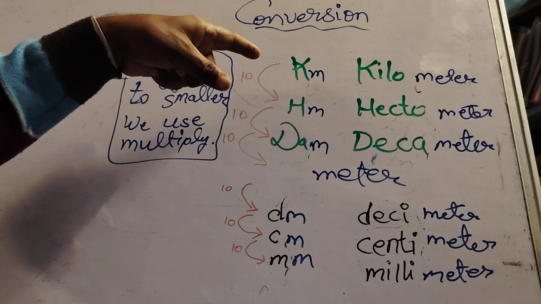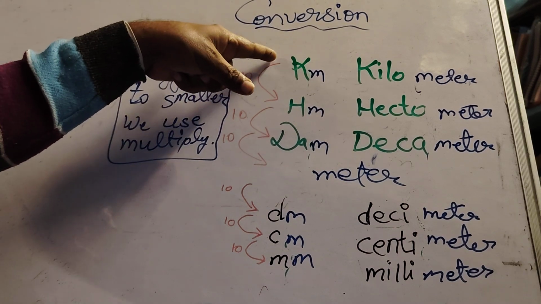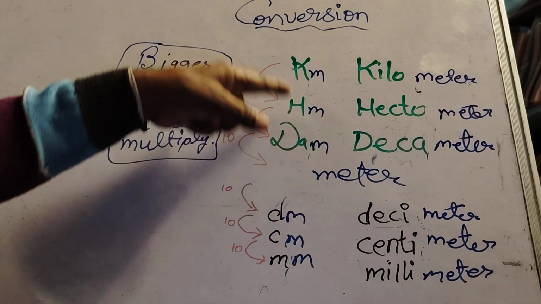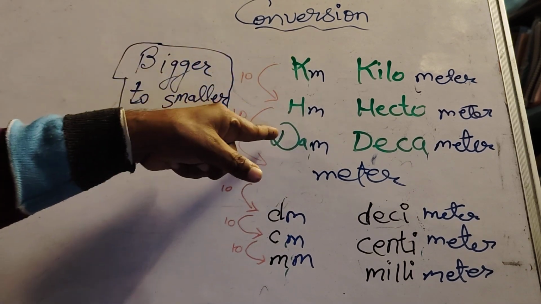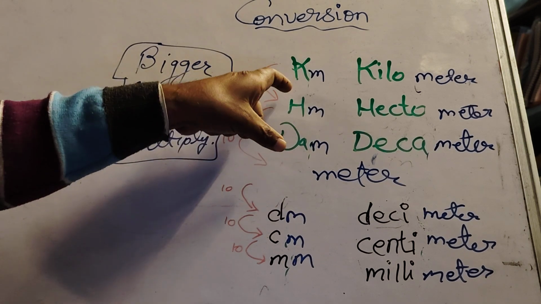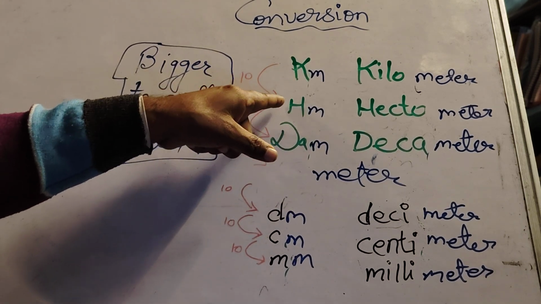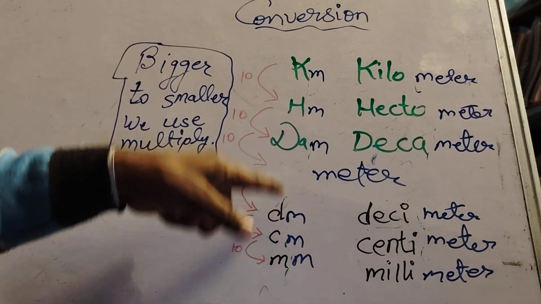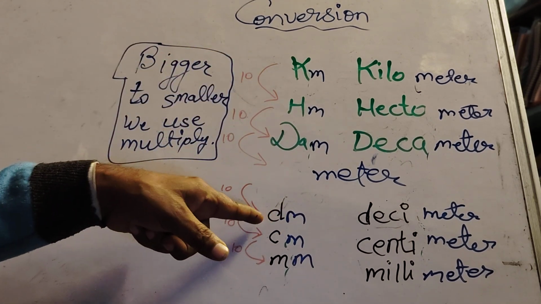So how many in three skipping? 1 kilometer equal to 1 meter: there is three skipping. One, two, three. You are telling hectometer, decameter, and meter. These all three are skipping, and then decimeter. 1 kilometer equal to 1 decimeter.